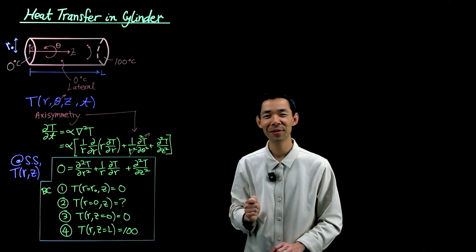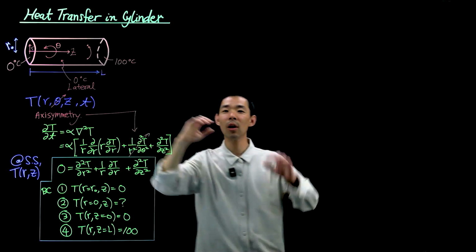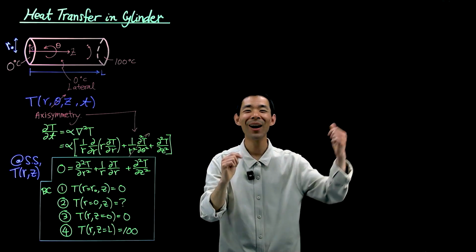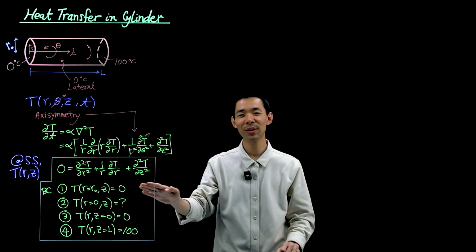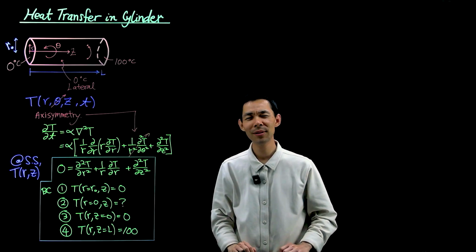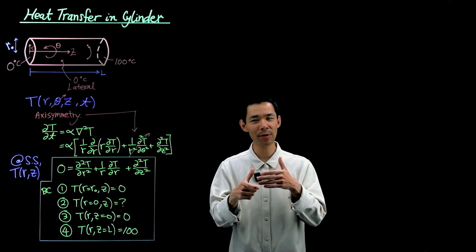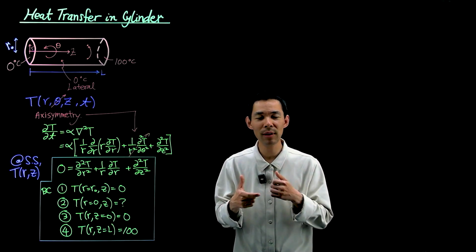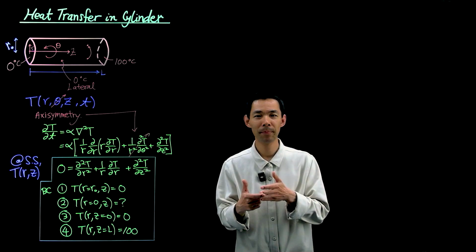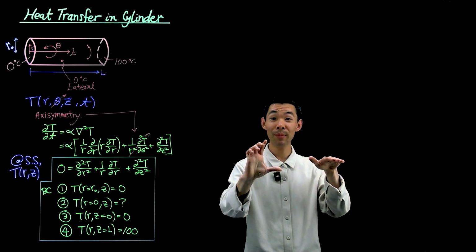Now, the boundary conditions. First, at r equal to r naught, which is along the lateral wrapper of the cylinder, it's equal to 0 temperature all the way around. Now, the second boundary condition is a little bit weird. Usually you would have in rectangular coordinates a boundary condition at y equal to 0 and x equal to 0, right? The bottom part of the rectangular slab had some temperature.